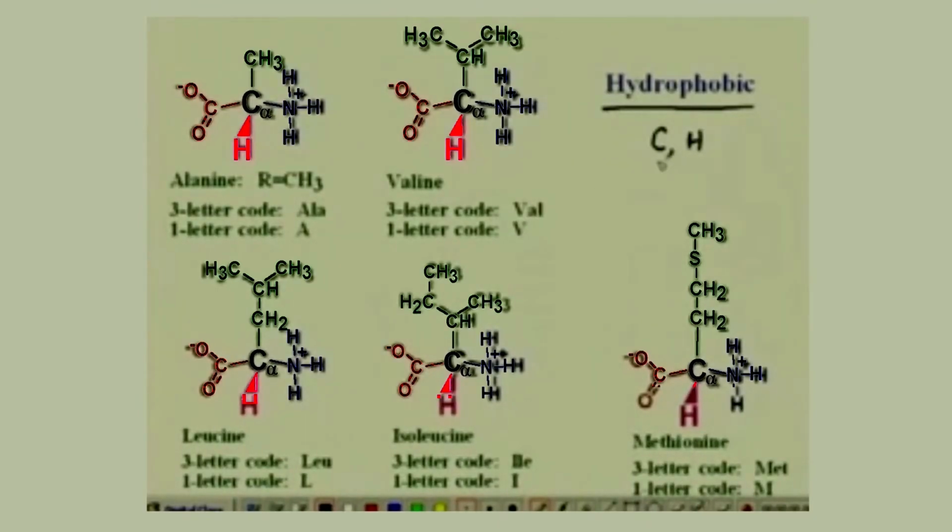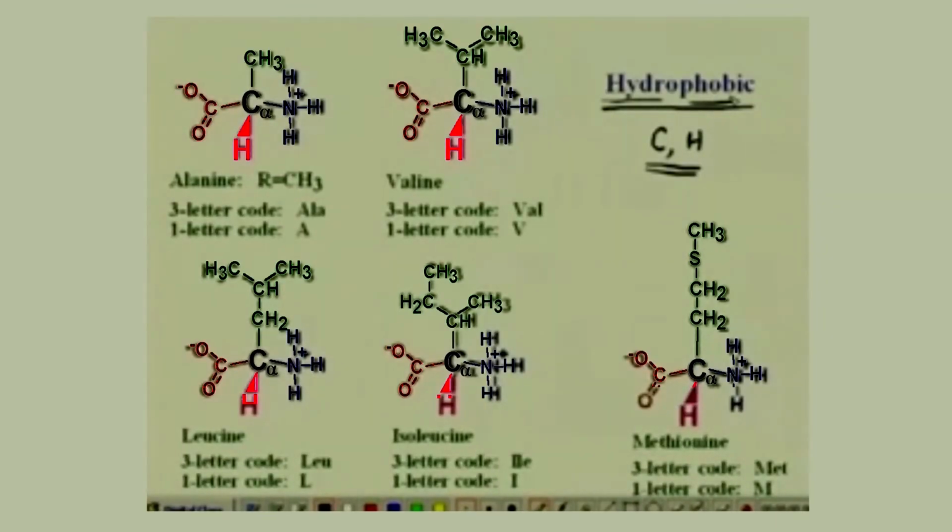So, they would tend to be away from the solvent, usually the solvent being water or water based. They would be away from water, so they would be hydrophobic, not liking to be in water.